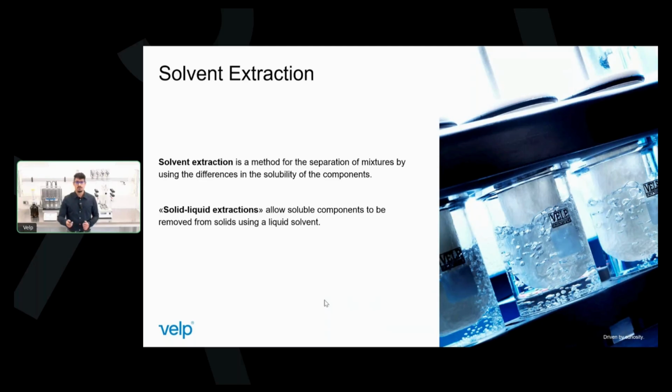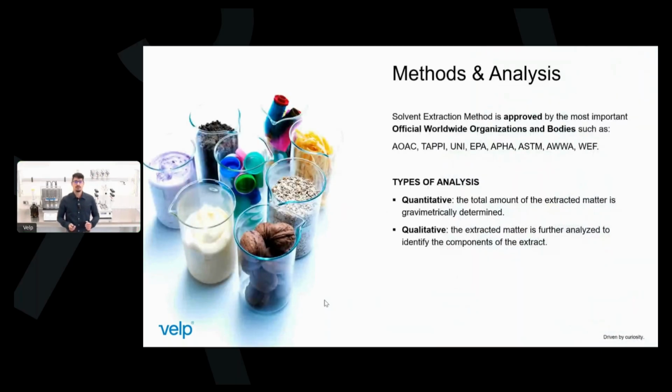Solid-liquid extraction in particular refers to the process where the soluble components are removed from a solid using a liquid solvent. The solvent method is a well-recognized and approved method, and it is approved by the most important worldwide organizations and regulatory bodies, including AOAC, UNI, EPA, and so on.